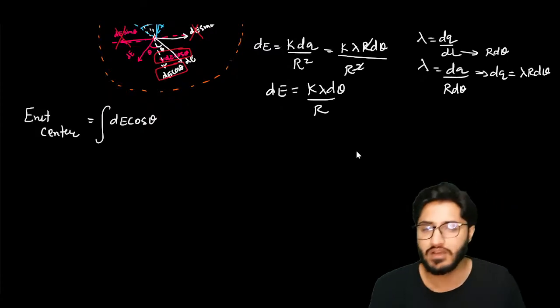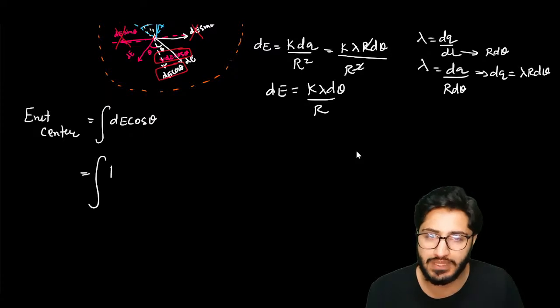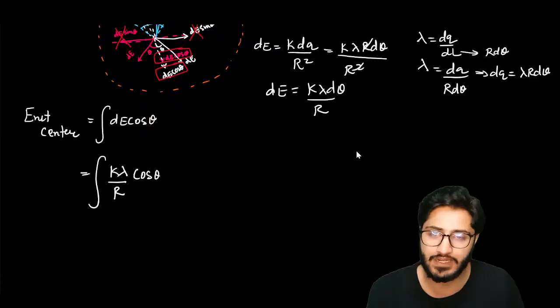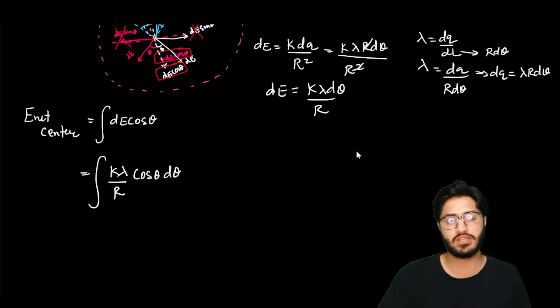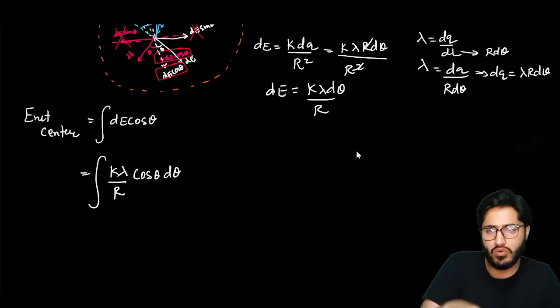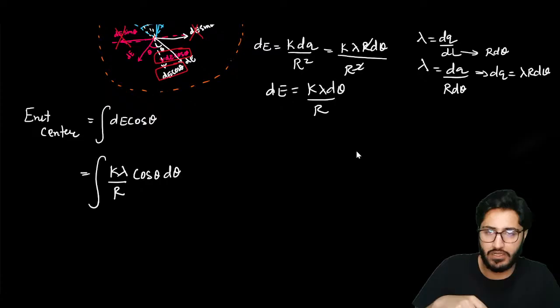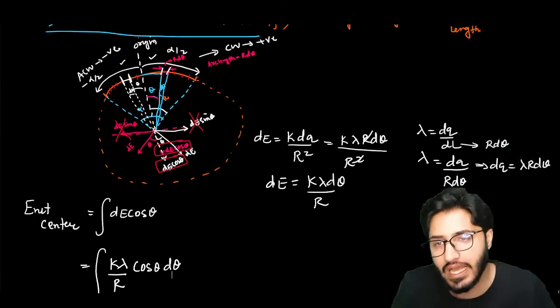Now I need to put the value of dE here, so it will be k lambda by r, then cos theta, then d theta. Now put the limits. We have two limits, and here we have alpha by 2.